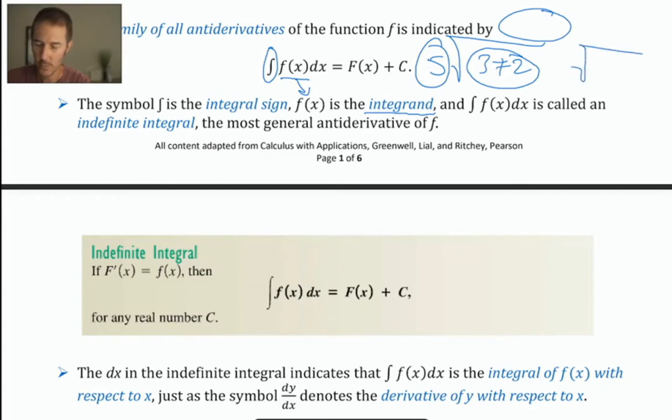If you're taking a square root, this is called the radicand. All right, so we like to give names to different components of these things. Anyway, what you're integrating is called the integrand.